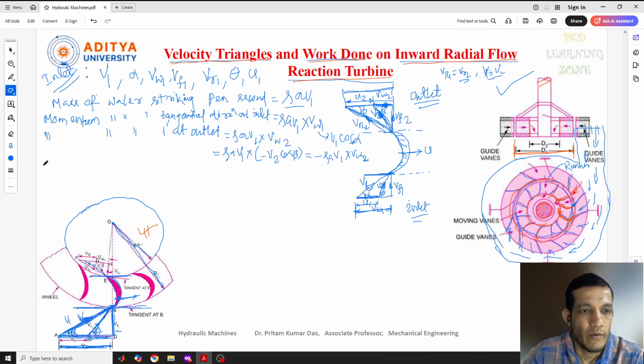Now the momentum is calculated. Now we need to consider the angular momentum. We need to find out the angular momentum per second at inlet condition and outlet condition.